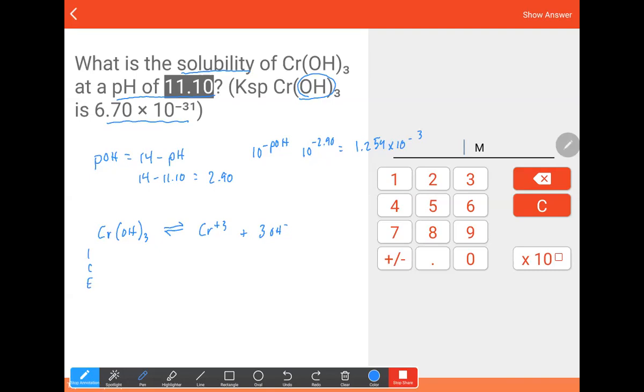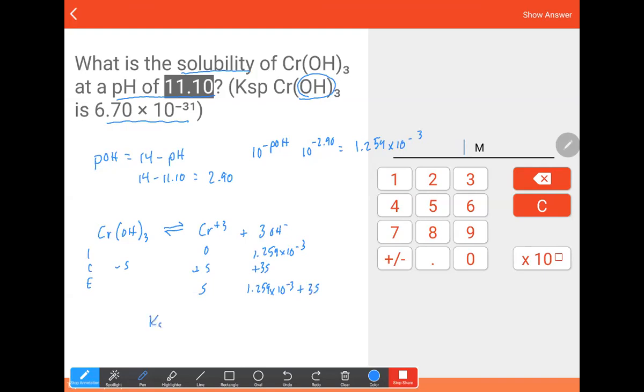So we got 0 of this, but we have 1.259 times 10 to the minus third of this. So we're gonna plus 3s, don't forget that. Although it does get subtracted out in this.